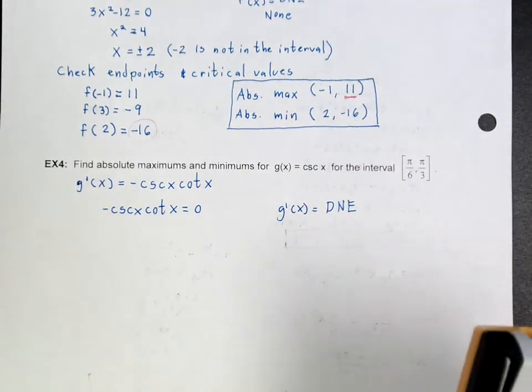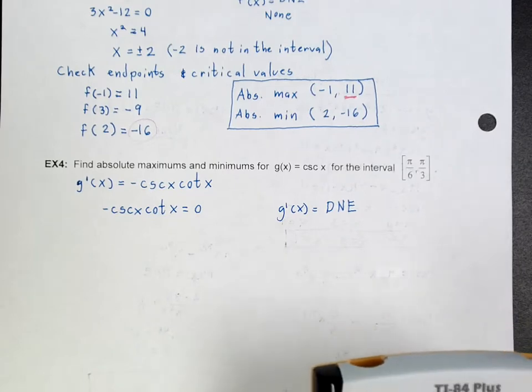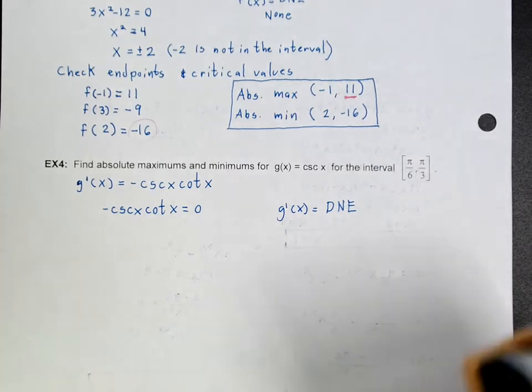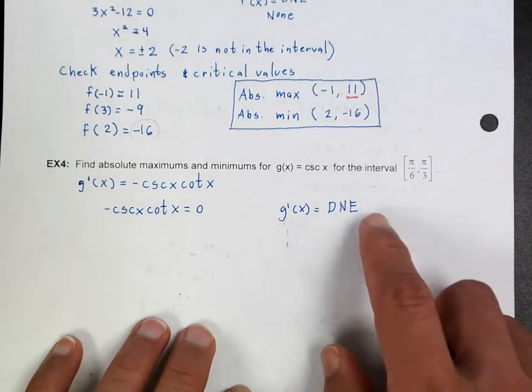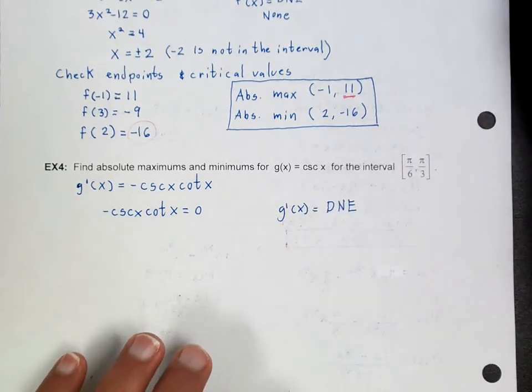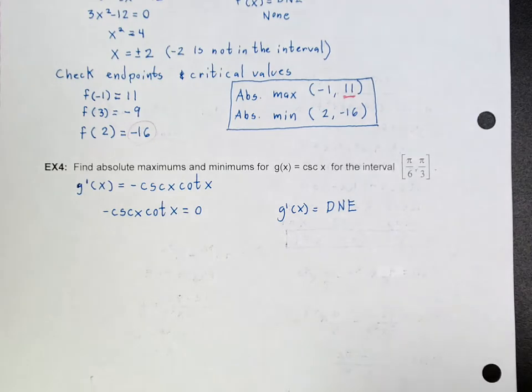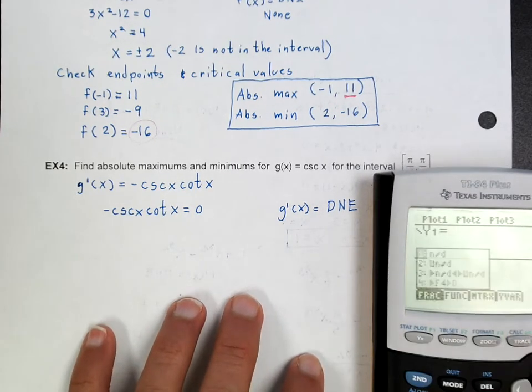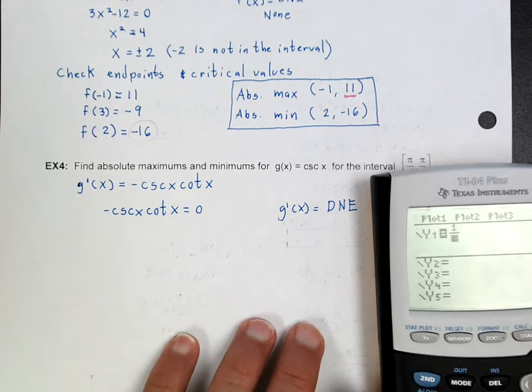If I graph that, and I haven't really even looked at it, let me just quickly look at it. Cosecant is 1 over sine, so 1 over sine x.